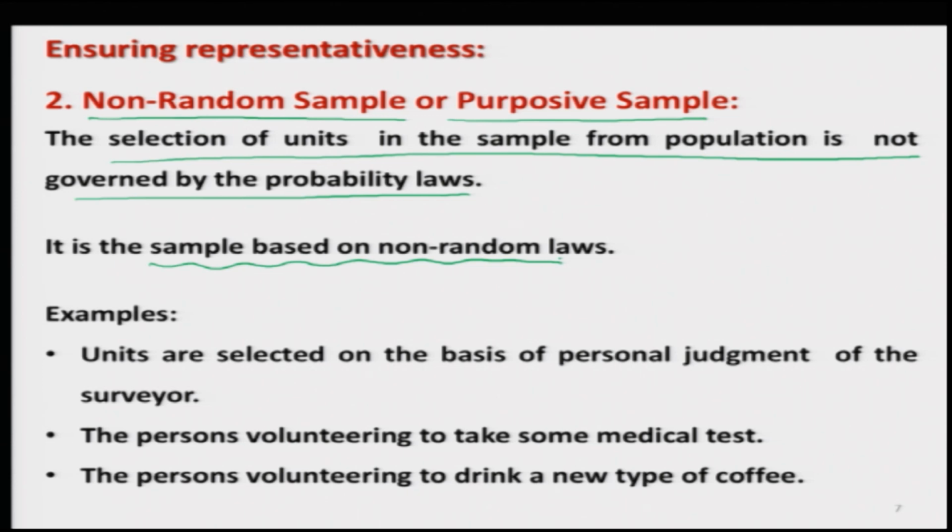For example, sometimes units are selected on the basis of the personal judgment of the surveyor. The surveyor has been given some idea of what to look for in a unit, goes to the field, and checks whether that criterion is satisfied. If it is satisfied in his or her opinion only, then the unit will be selected in the sample.